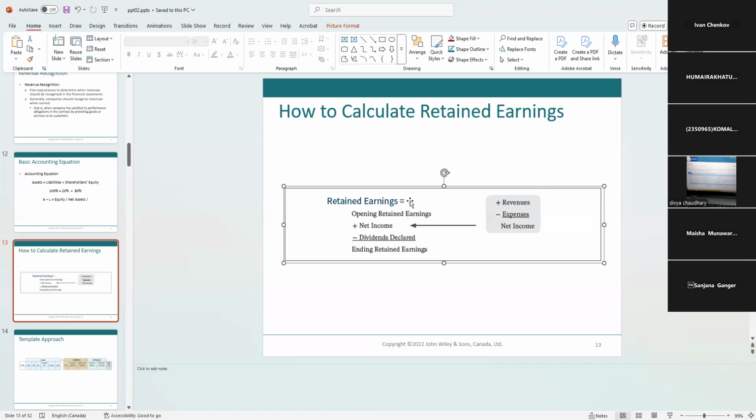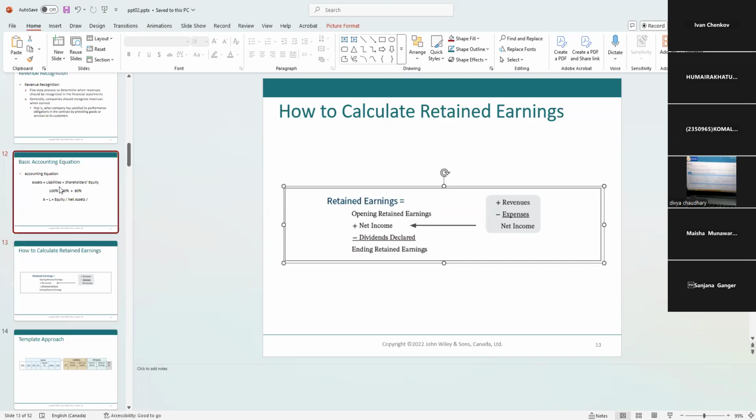From the previous year comes 150. Then we say checking the net income minus the dividend, ending retained earnings, and keep going, keep going. Make sense? Please know how to calculate net income. It's important. And how to calculate retained earnings.